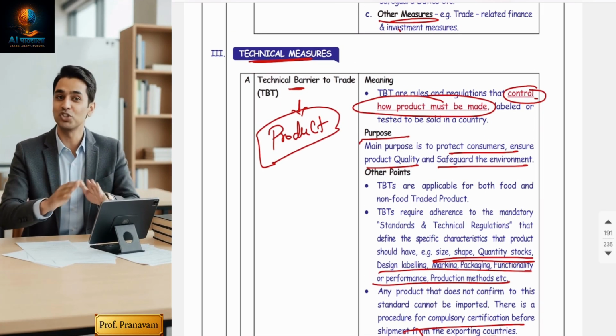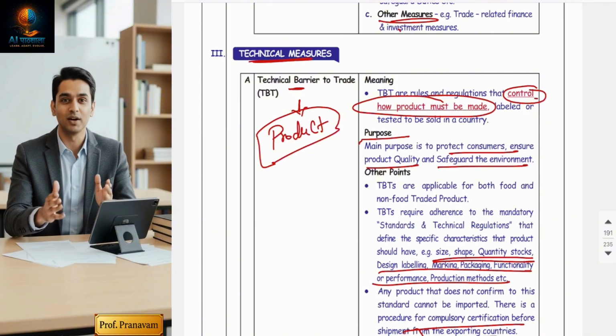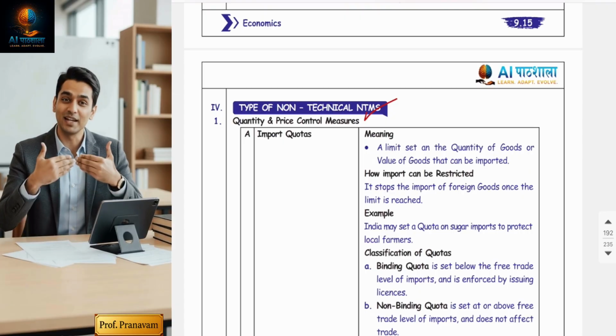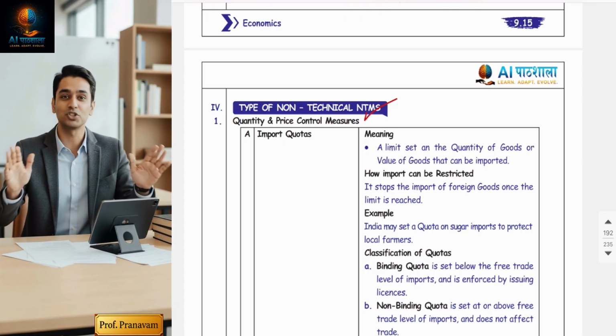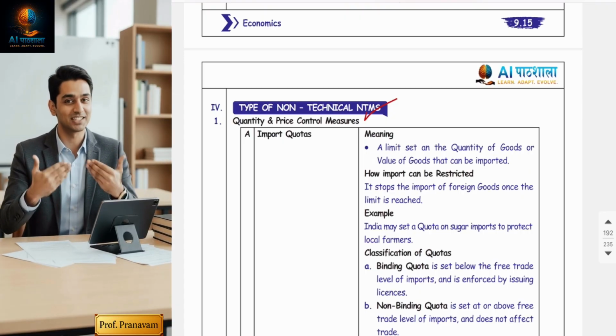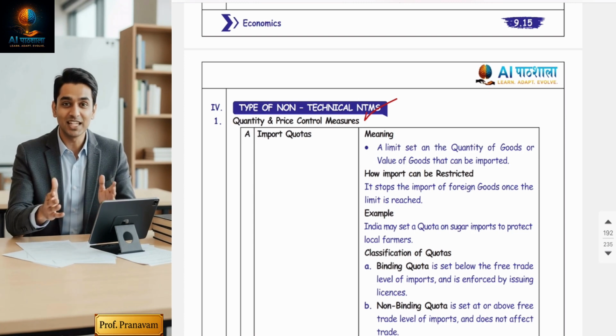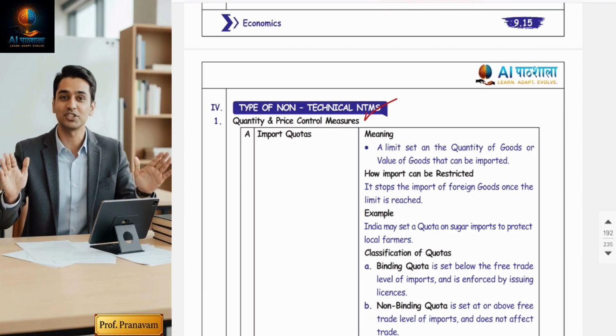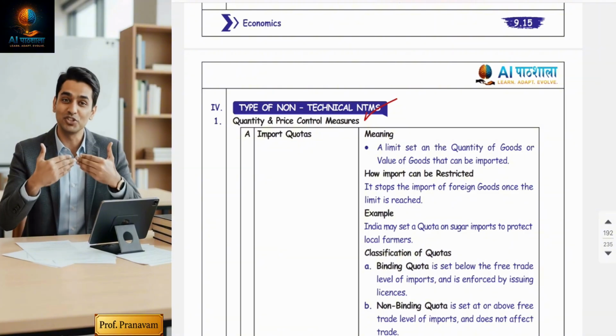They are applied on the products, the production process, the content of the product. Non-technical measures are related to trade procedures and policies. Here imports will be restricted by rules and regulations. They are not imposing anything on the product. So let us understand. I have divided so many non-technical measures into some broader categories.